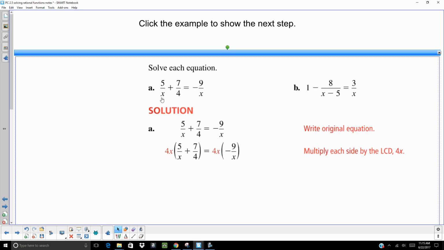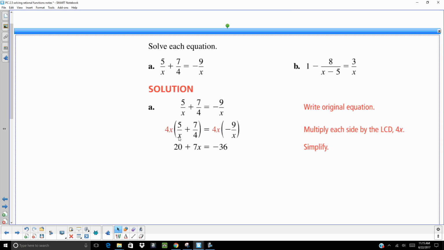So what you need to do is look at those denominators and ask, what would be my common denominator? Well, it would be x times 4, which would be 4x. So I'm going to multiply each term by 4x, or that's the same as multiplying both sides by 4x. But I always like to think about it as I'm going to multiply each term by 4x.